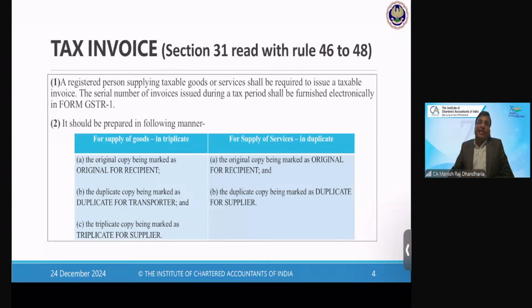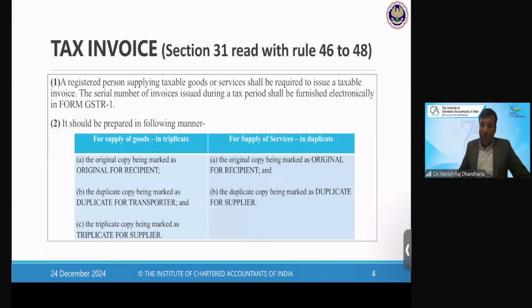The invoice issued by the supplier also has to be uploaded electronically in his return, that is GSTR-1. The serial number and all the unique features we will study, on the basis of which it has to be uploaded.